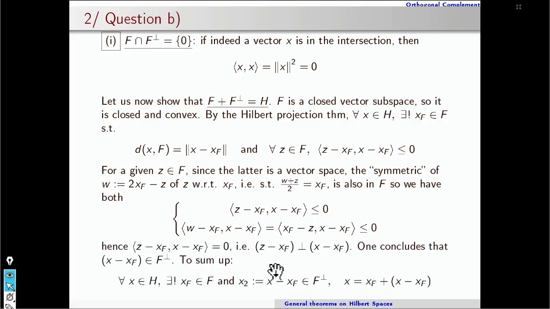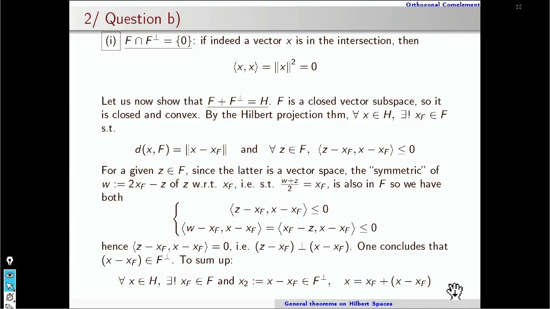So we have obtained that for all z, x minus xF is orthogonal to z minus xF. Since this is true for all z, we obtain that x minus xF is in the orthogonal complement of F.